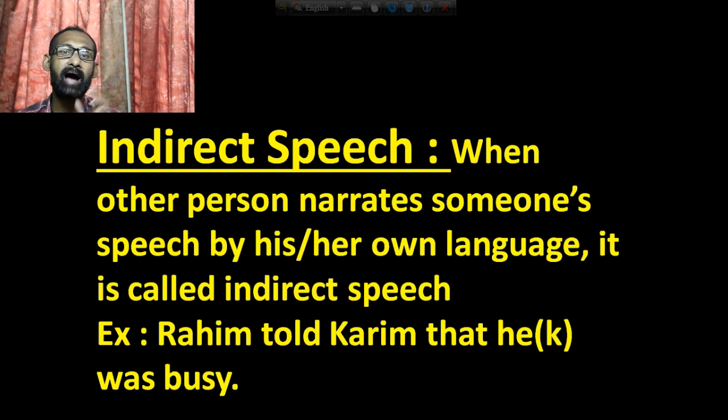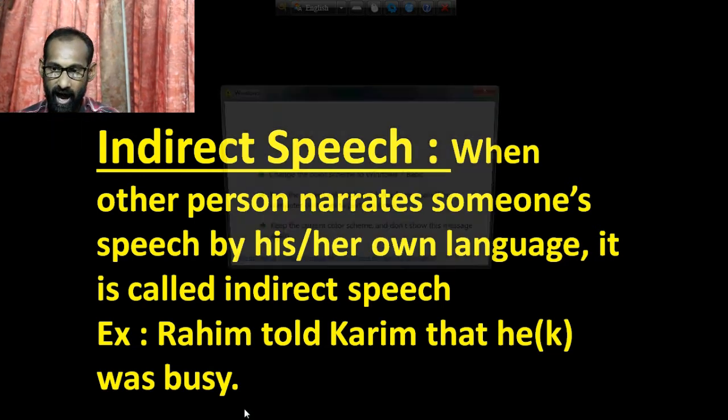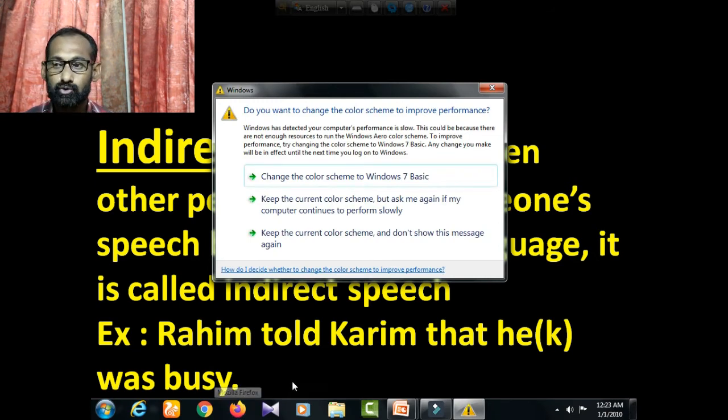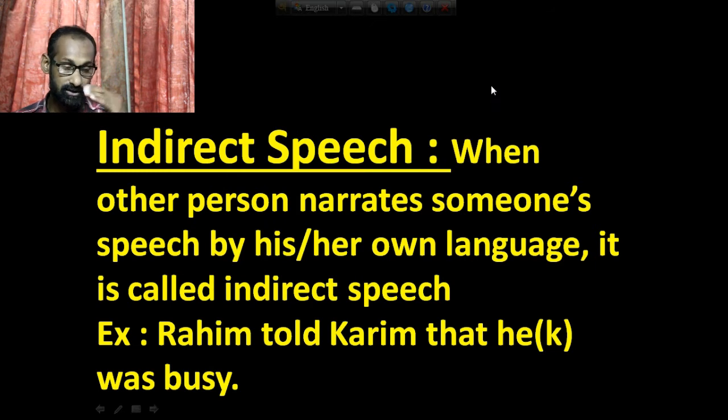For example, I am telling you that I will go to Dhaka tomorrow. Okay, but you told your father that Shaun sir said that he will go to Dhaka tomorrow. Okay, I said that I will go to Dhaka tomorrow.